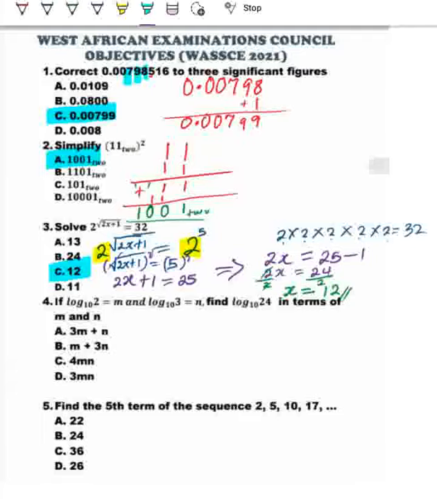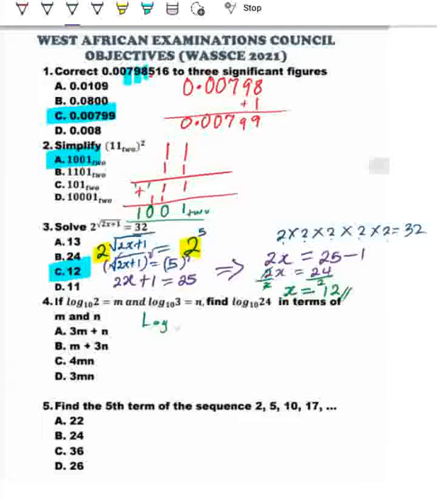Question number 4. If log 2 to base 10 is equal to m and log 3 to base 10 is equal to n, find log 24 to base 10. All right.